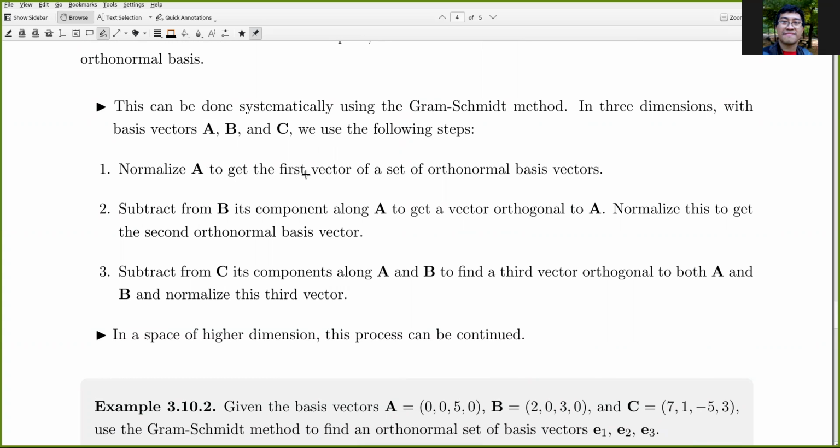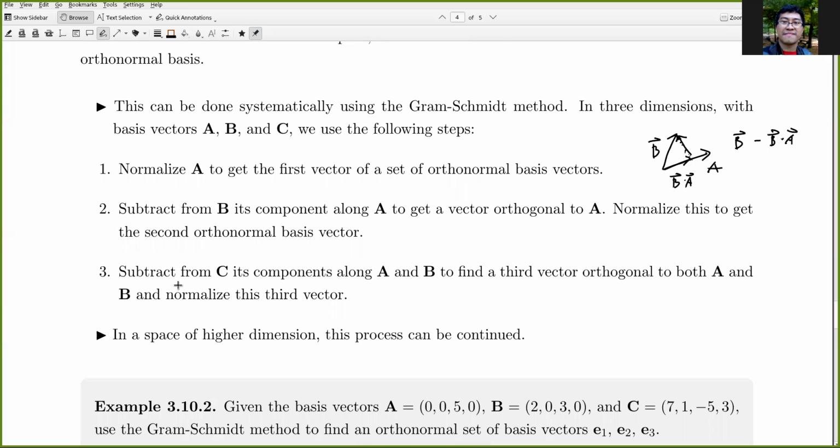We normalize A, so we get the first orthonormal basis vector. For the second one, we subtract from B its component along A. If this is B and this is A, we take the component of B along A, projecting B onto A, so B dot A. To get a vector orthogonal to A, we take B minus (B dot A) A, and that vector is perpendicular to A. Then we normalize that, and that is our second orthonormal basis vector.